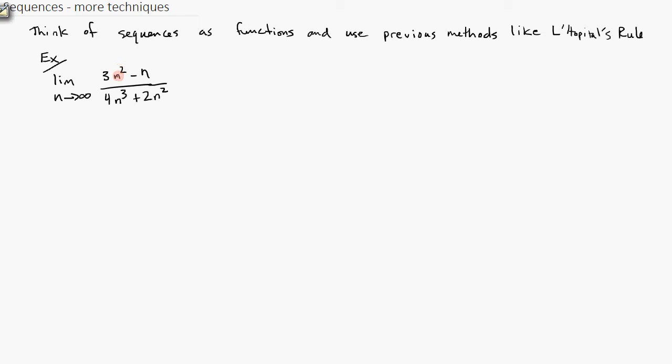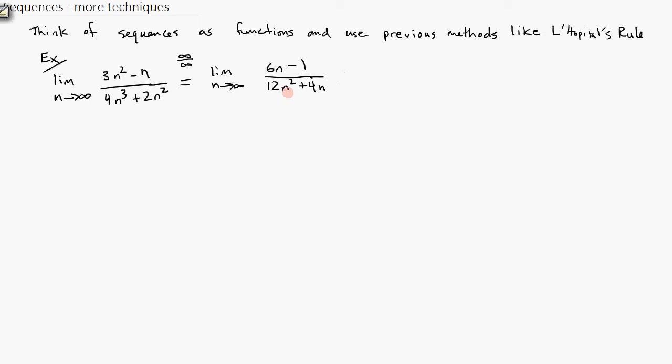So if we look at what happens when n goes to infinity, this is infinity over infinity. So if this were a function, we would use L'Hopital's rule. So then we take the derivative of the top and the bottom. The derivative of the top is 6n minus 1. The derivative of the bottom is 12n squared plus 4n.